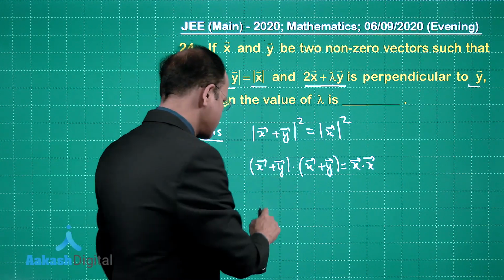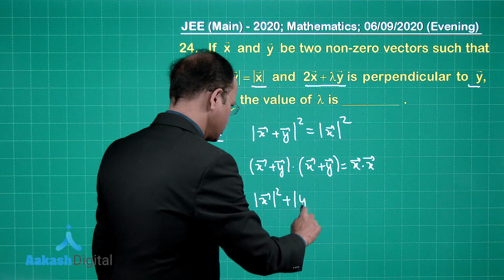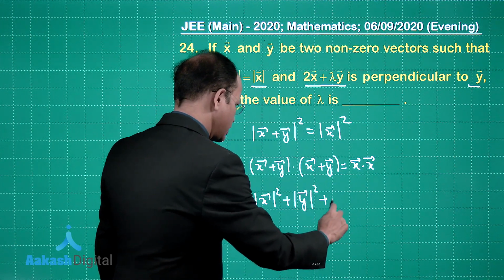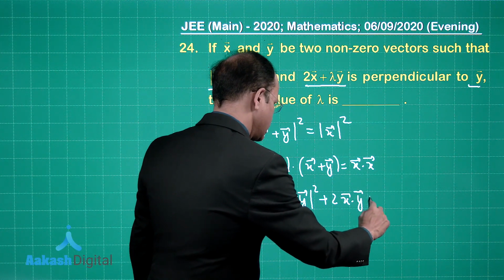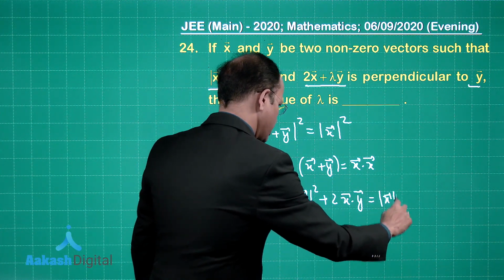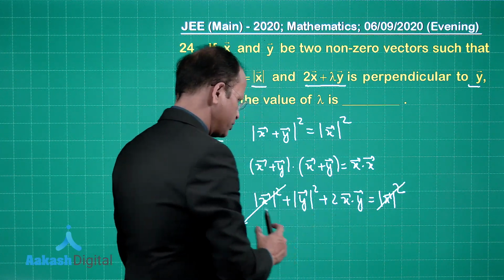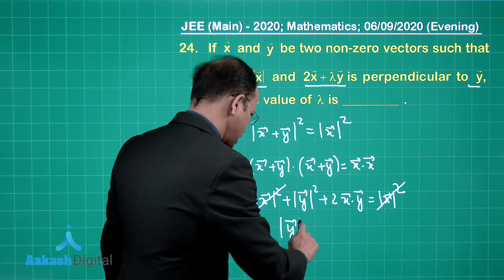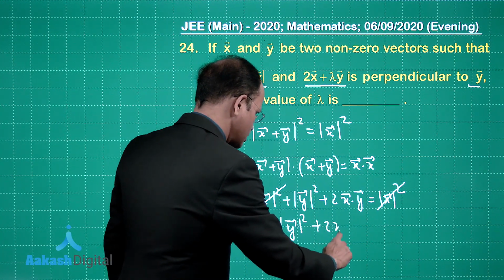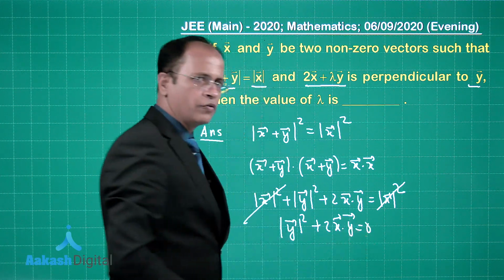So x dot x, yes, this is mod of x square. Then we have mod of y square. Then we have 2 x dot y, and this is going to be mod of x square, right? So this is cancelled. We come out with a relation that is nothing but magnitude of y square plus 2x dot y is equal to 0.